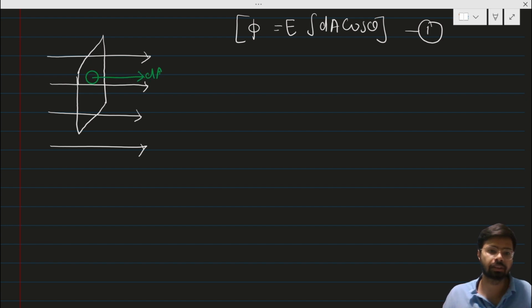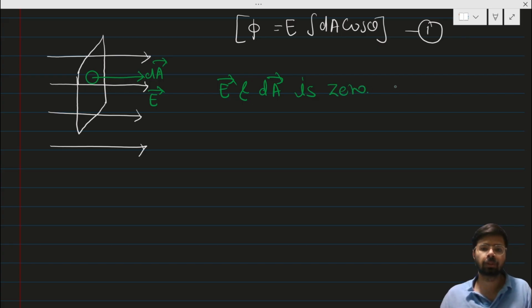The electric field direction and dA direction are the same, so the angle between E vector and dA vector is 0, theta equals 0 degrees.